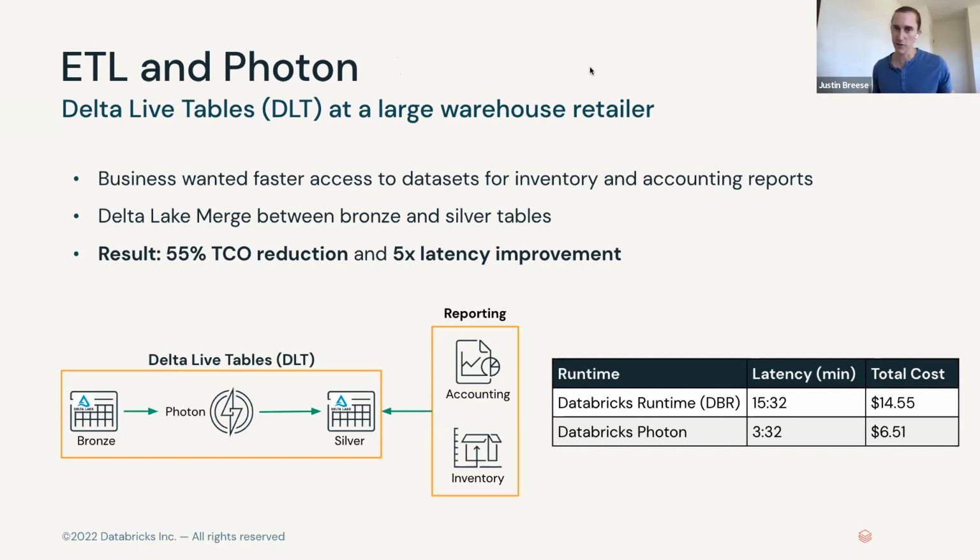And just by leveraging Photon, it ended up being a 55% TCO reduction and a 5x latency improvement. So I have a sample architecture, bronze, using Photon to silver, doing some reports off of it, and we can see the visual. So using Databricks runtime, it was 15.5 minutes. Leveraging Photon, it went down to 3.5 minutes. So super fast and ultimately a lot cheaper.